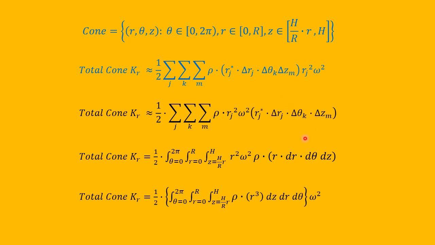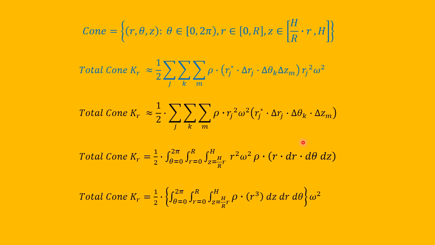And so when you take the limit as all of the small volume submasses have dimensions going to 0 and the number of submasses going to infinity, we can replace this in this Riemann sum with the corresponding r dr d theta dz coming from our theory of integration.